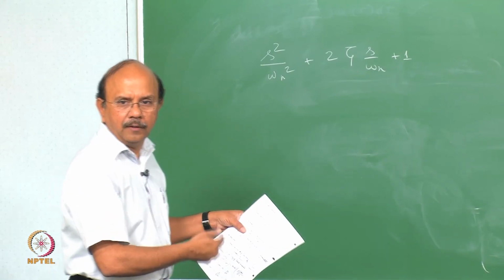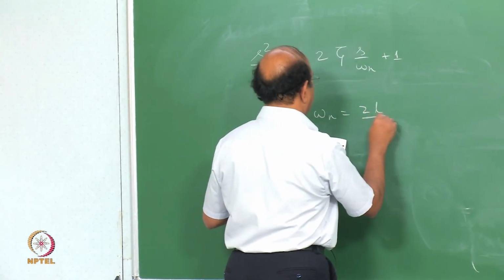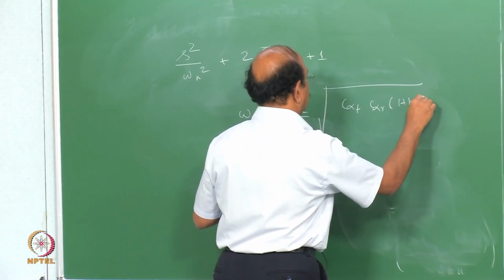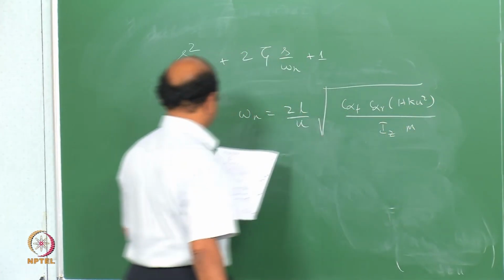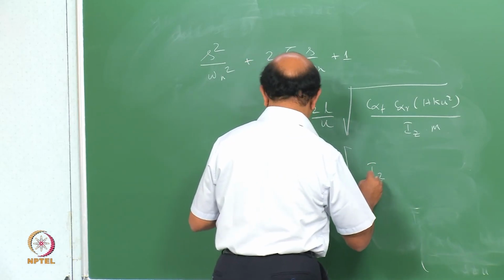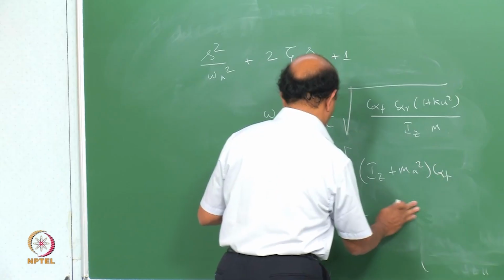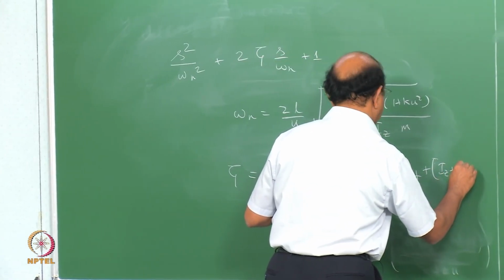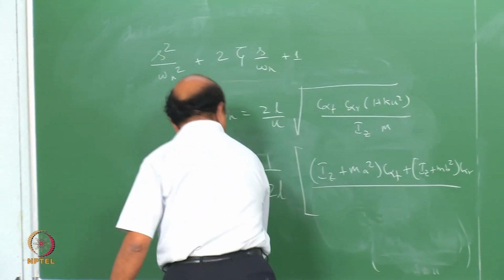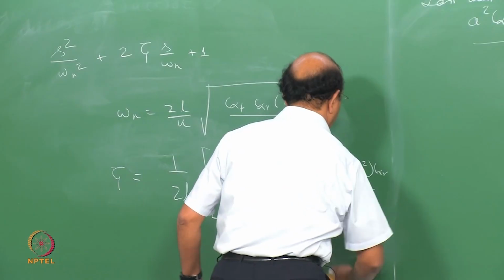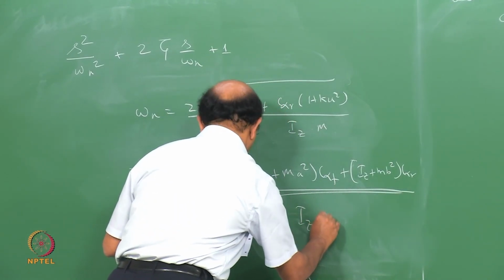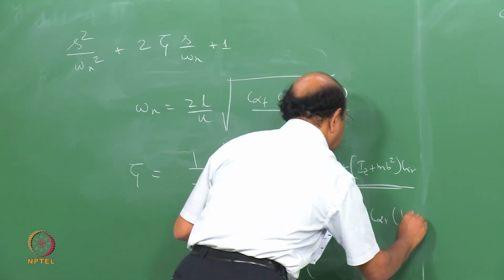So when I rewrite it in this form, I will get omega n to be 2L divided by U root of C alpha f C alpha r into 1 plus k u squared divided by I z into m, and zeta to be 1 by 2L into I z plus m a squared C alpha f, I z plus m b squared C alpha r, divided by root of I z into m C alpha f C alpha r into 1 plus k u squared.